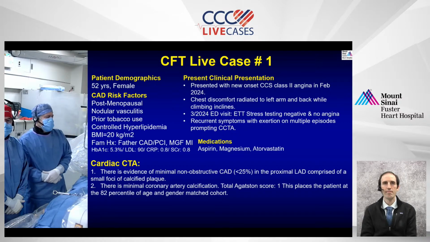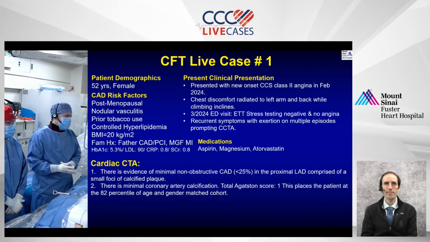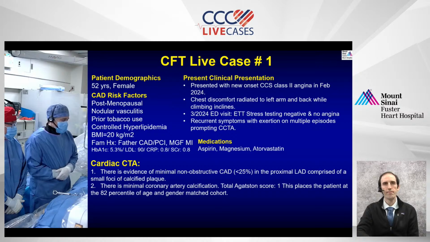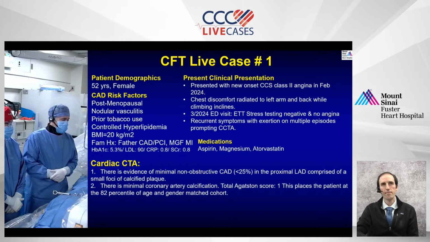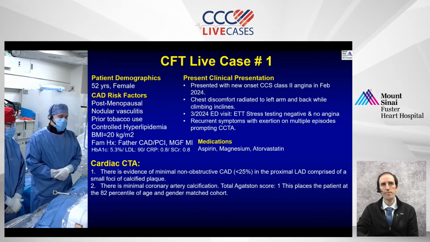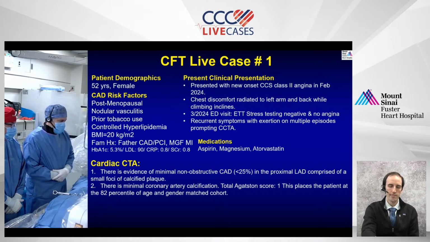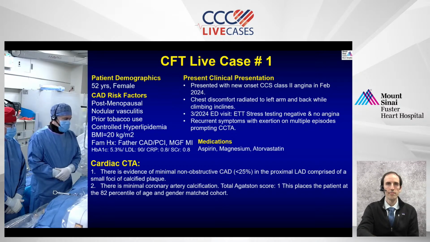So the case we've chosen for today is a 52-year-old female. She has cardiac risk factors of being postmenopausal. She has nodular vasculitis, which was initially diagnosed with lesions on her legs, which was treated initially with Plaquenil. She has prior tobacco use, controlled hyperlipidemia, and a BMI of 20.